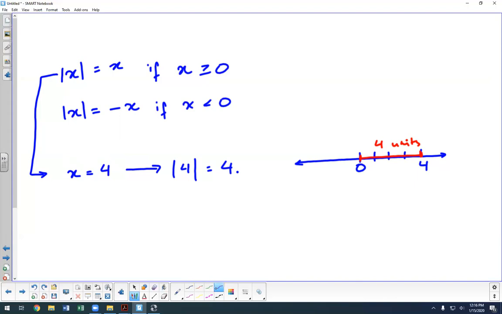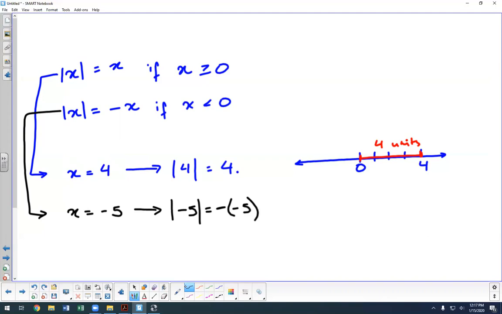But now, if I'm talking about this negative side, and let's say x is negative 5. By definition of absolute value, that actually means we are bringing in a negative sign, and then the negative from the number itself, 2 negatives, ends up giving us a positive value.